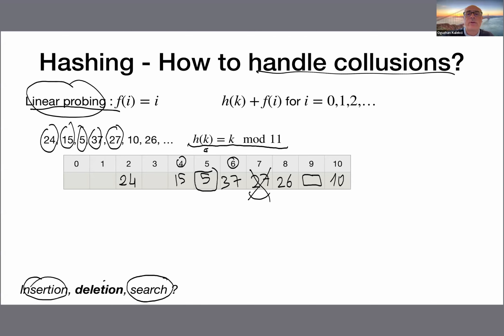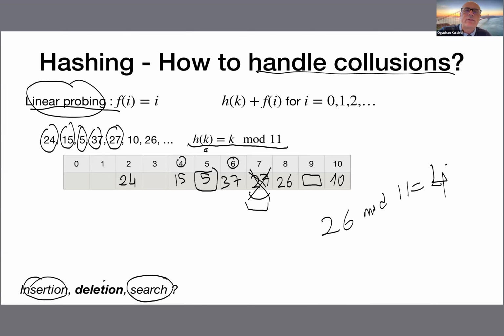Let's see the problem. Now, you deleted this one, so this is a vacant position now, and you are looking for 26. For 26, you know that 26 mod 11 is equal to 4.